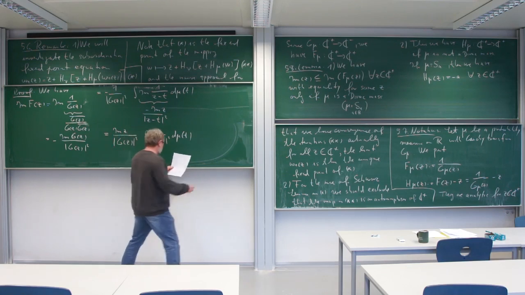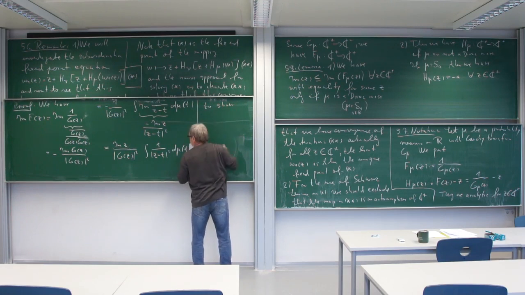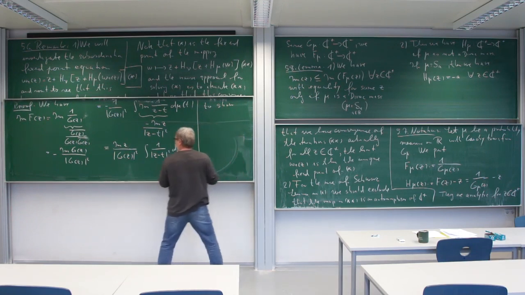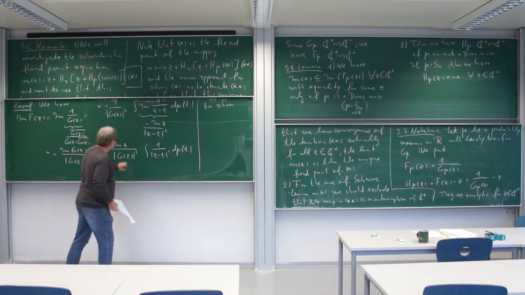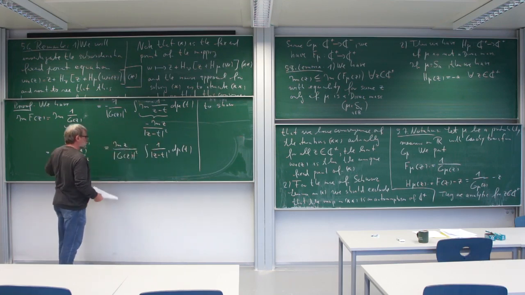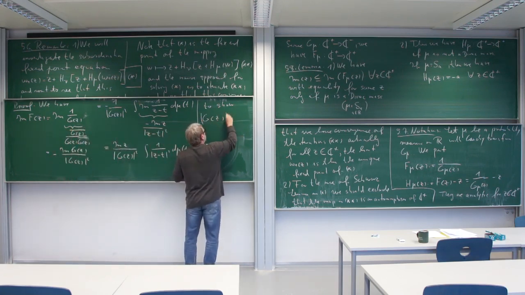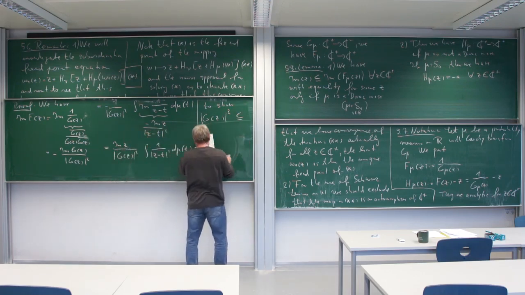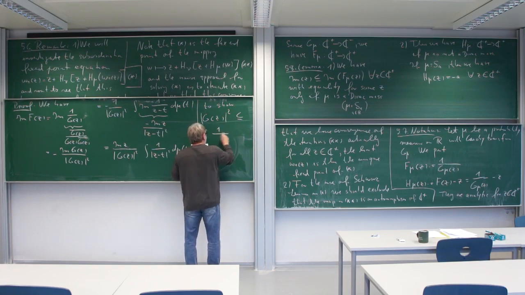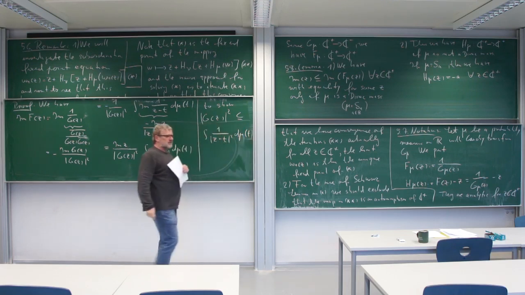So what we have to show is that actually this divided by this is greater or equal than 1. So if I bring this on the other side, I have to show that g of z squared is less or equal than the integral 1 over z minus t squared d mu of t.